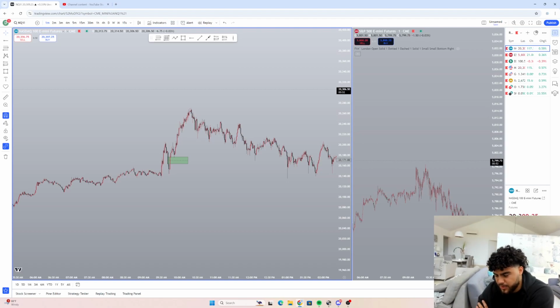The times that I do that is when NQ doesn't have a draw on liquidity within reach, but I know ES has a draw on liquidity that wants to book. That's when I'll hold a runner for ES's draw on liquidity, even though I'm trading NQ. But I can't even remember the last time I've done that outside of the most recent time with all-time highs. That very, very rarely happens.